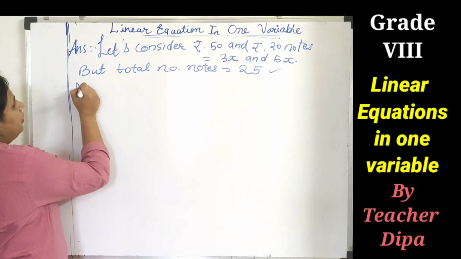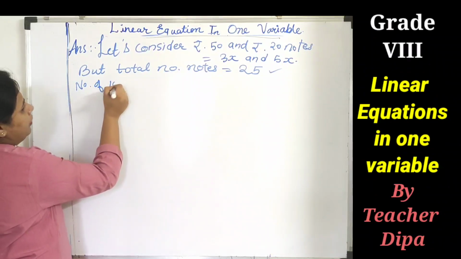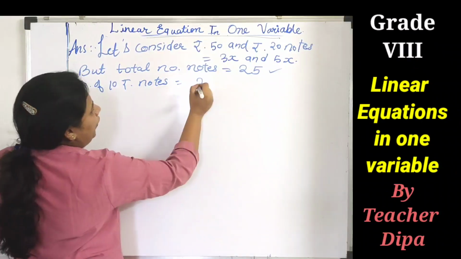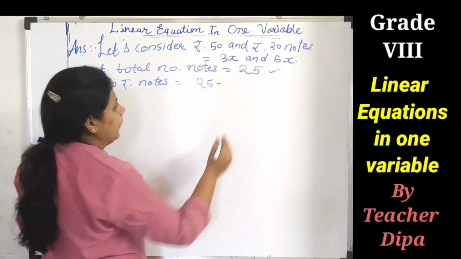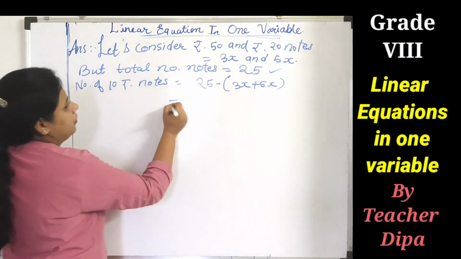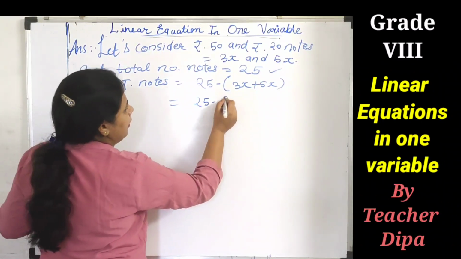Now number of 10 rupees notes I can write is equal to 25 minus 3x plus 5x. I can write that is equal to 25 minus 8x.